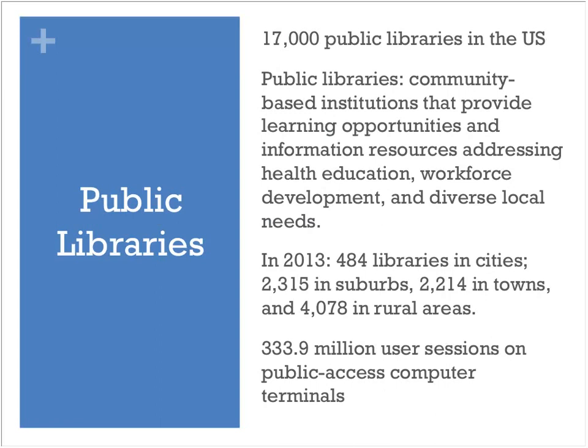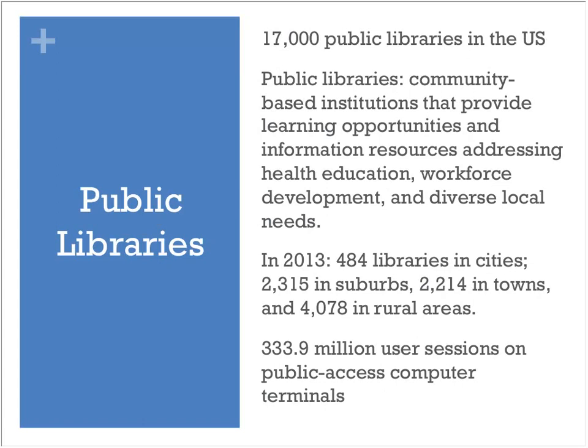So I'd like to focus a little bit on public libraries, which are the kinds of libraries that seniors are most likely to use. And there are around 17,000 public libraries in the U.S. that you can reach out to. Public libraries are community-based institutions that provide different kinds of learning opportunities and resources.